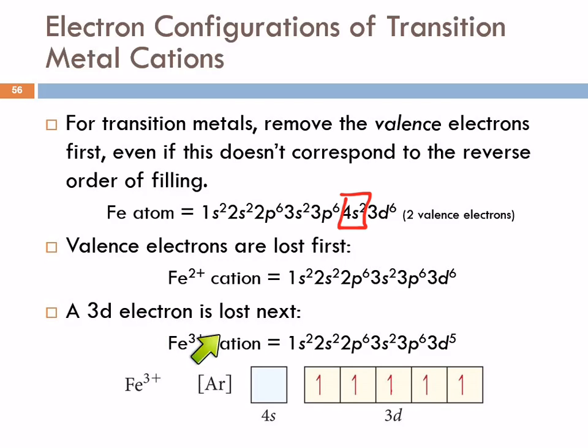And next, if we're making Fe3+, we're going to lose one of these 3d electrons. So we end up with no 4s electrons, and we get the 3d subshell half full. Any questions?